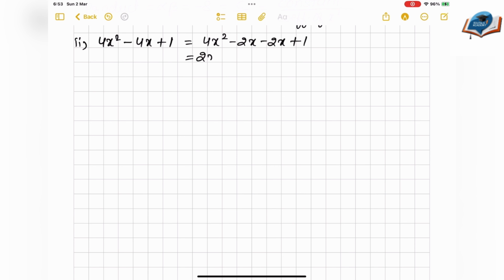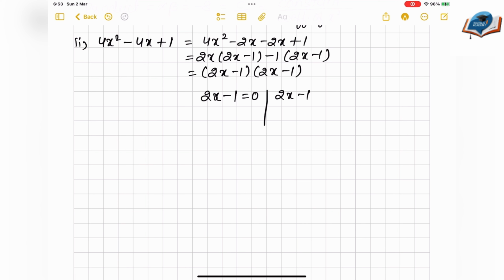So that will be 2x common, so 2x minus 1, and minus 1 common, so 2x minus 1. So this is 2x minus 1 into 2x minus 1. So either 2x minus 1 equal to 0 or this 2x minus 1 equal to 0. So x will be 1 by 2. Here also x is 1 by 2. So both are equal solutions.